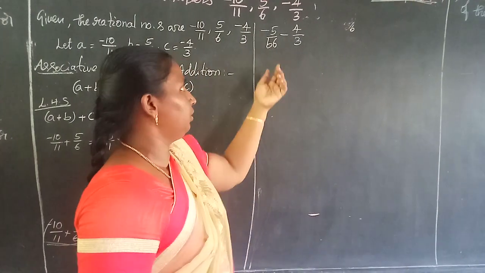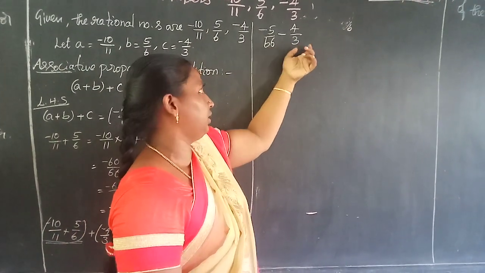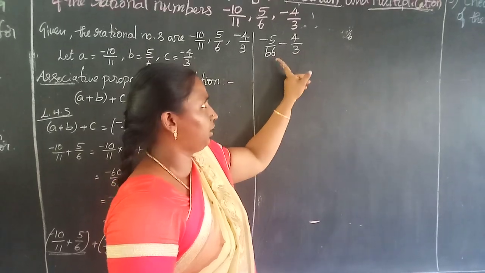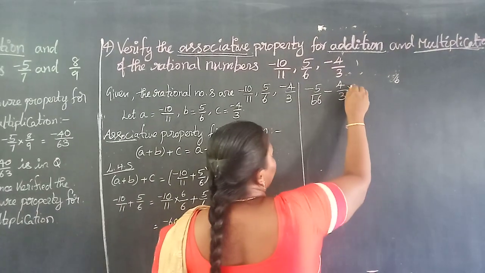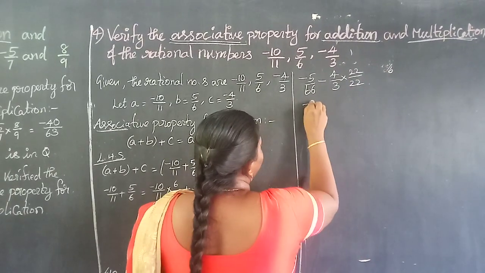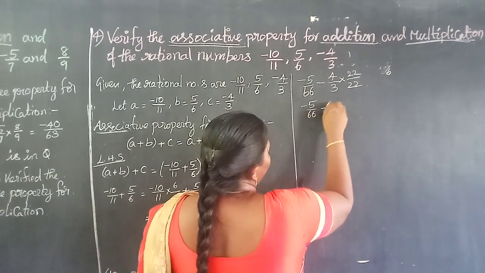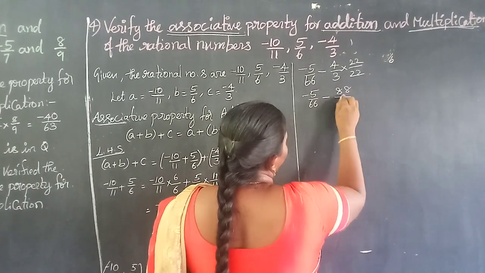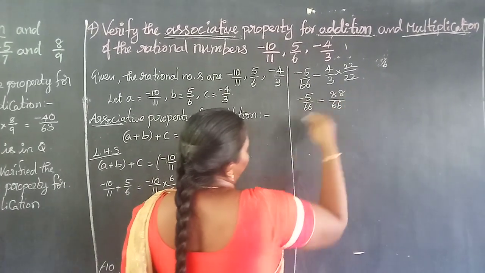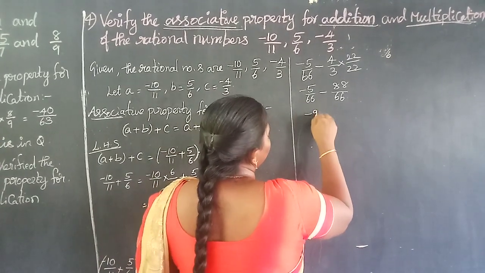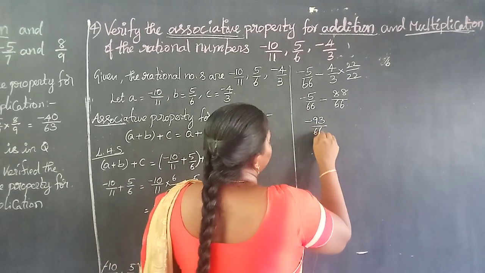Here you have to take the LCM for 66 and 3. In the 3 table, when do you get 66? 22 times. So multiply by 22. Minus 5 by 66 minus 88 by 66. Minus 5 minus 88, what will you get? Minus 93 divided by 66.